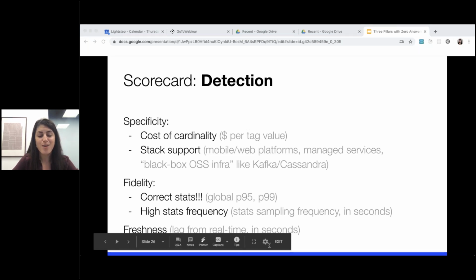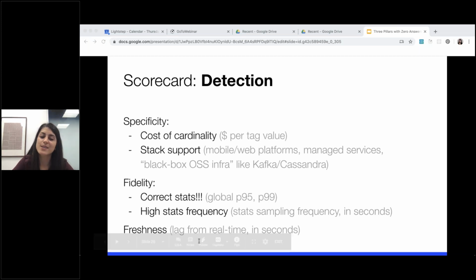Fidelity is mostly around correct statistics, and there are a lot of exclamation points here because it's very common for P95s and P99s in observability tools to be inaccurate. One thing that I've seen frequently in other observability technologies is that they will take a P99 value from each host and then average them. And statistically, that's meaningless.